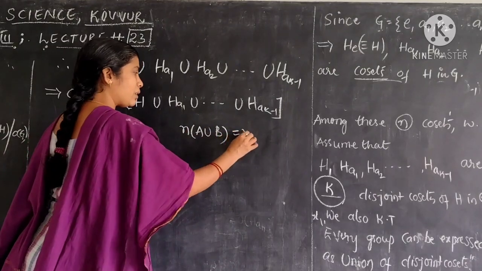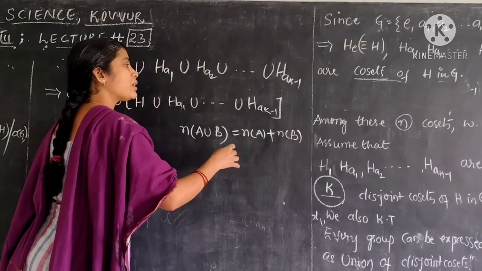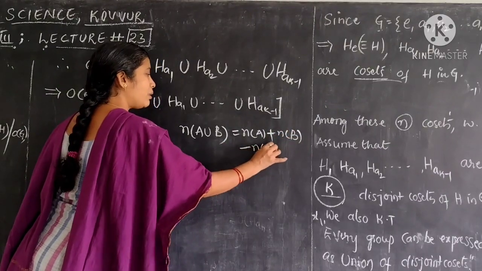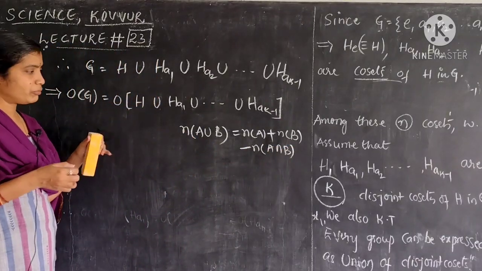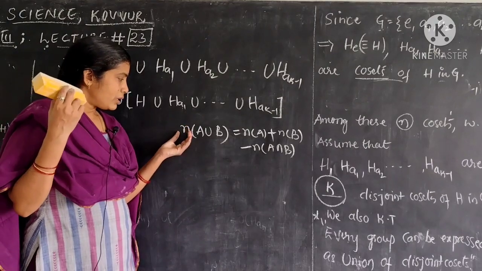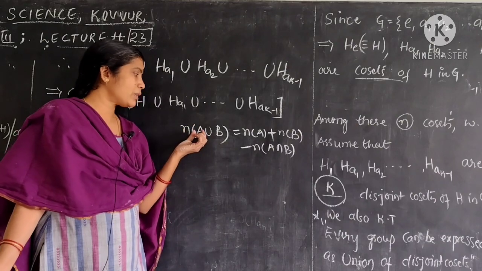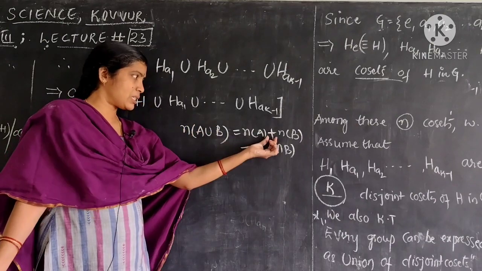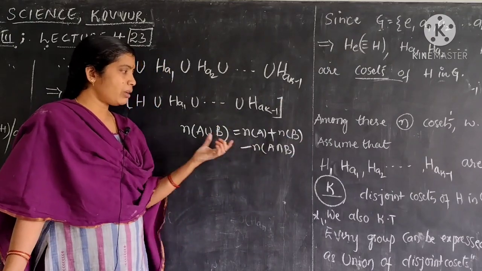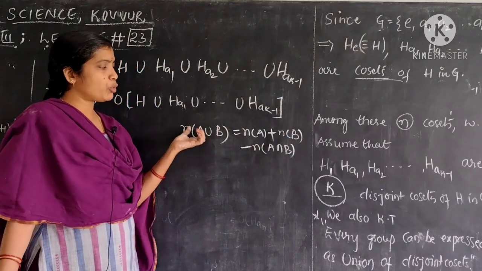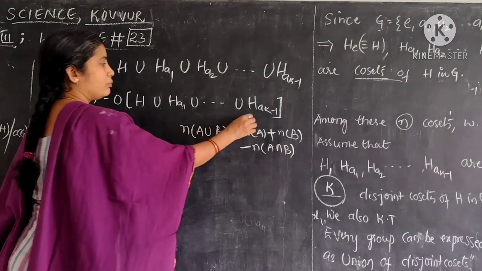This is the number of elements in set A plus the number of elements in set B minus the number of elements in A intersection B. The number of elements in a union set can be written as the number of elements in the first set plus the number of elements in the second set minus the number of elements in the intersection of both sets. This is the known formula.